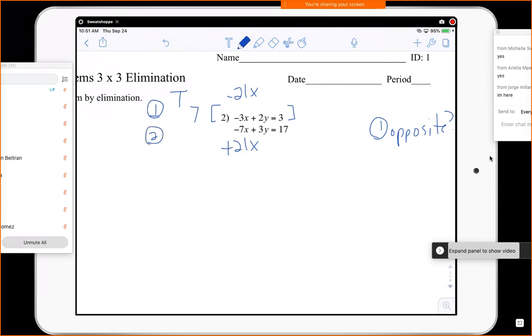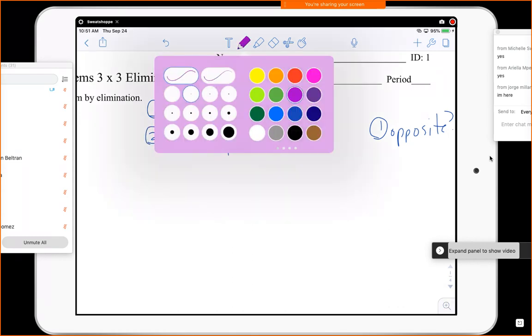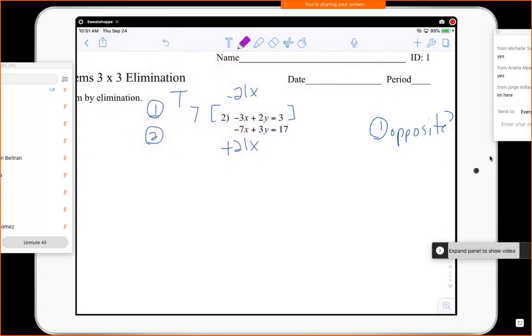It'll catch up in a moment. But if I want to turn that negative 7x into a positive 21, I've got to tweak by a negative. So I'm going to tweak that whole second line by negative 3. Okay, make sure when you do this tweaking that you hit every single term in that equation.